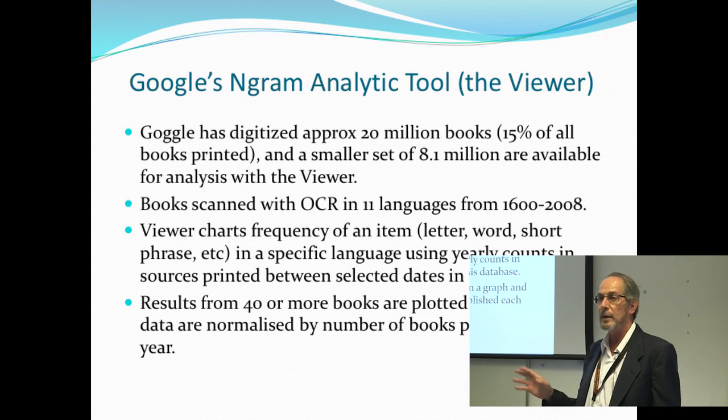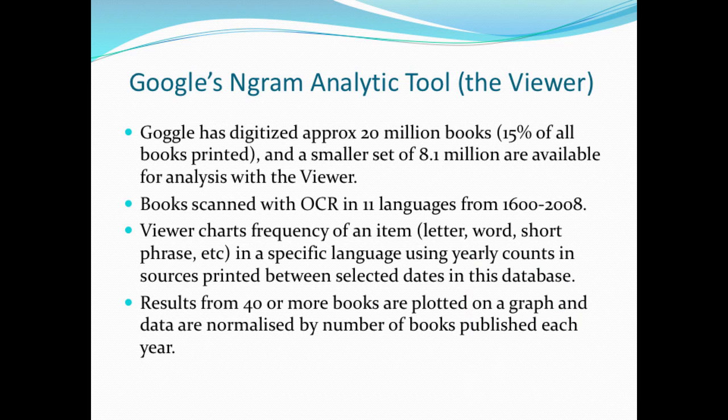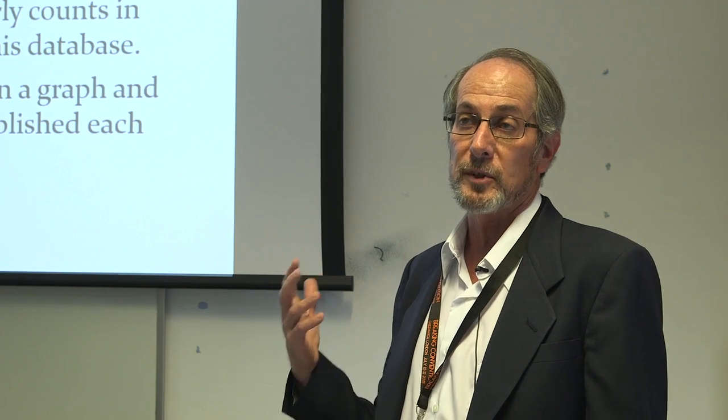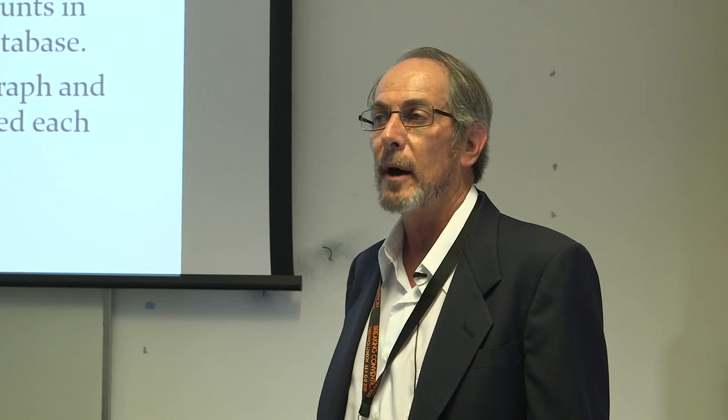If any of you have ever gotten an old book done this way, half of it sometimes is totally indecipherable. The OCR technology is improving. Google's improving a lot of things with the Viewer, as well as scanning many, many more books, so we can get this corpus up to about half the known literature. I think this might be a tool in the future that could be of some value to people.